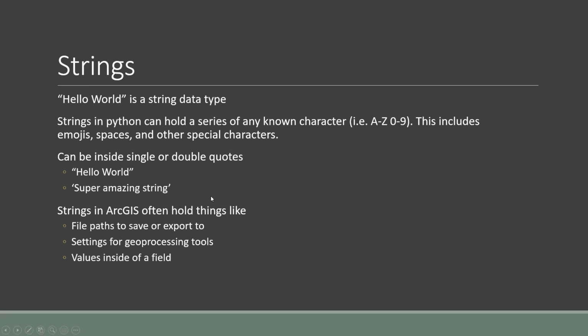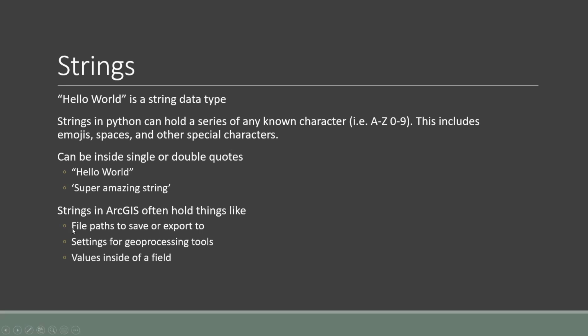And strings are really important because in ArcGIS Pro and ArcGIS environments, if you're ever trying to pass the path to a shapefile or a folder to save, export, or read something from, you're going to be storing it in a string.